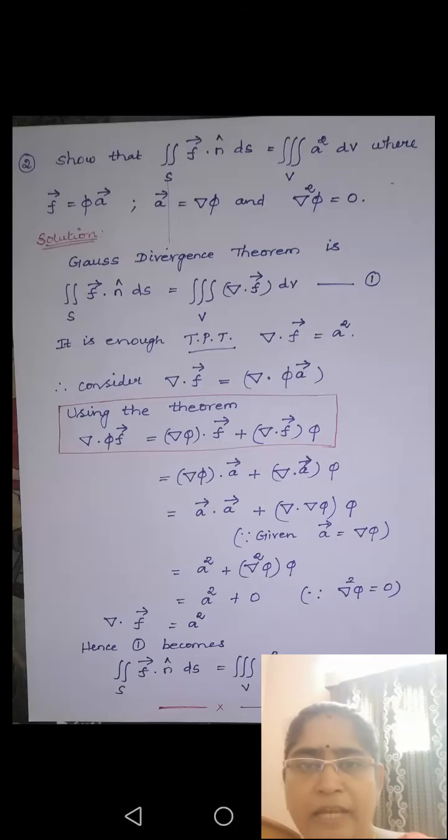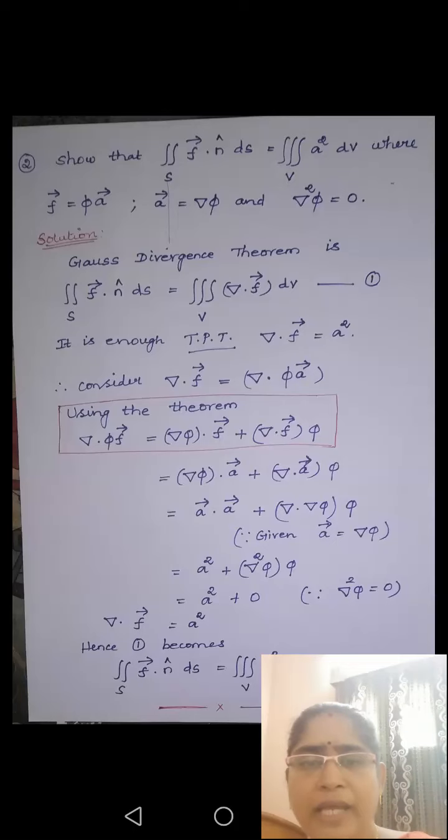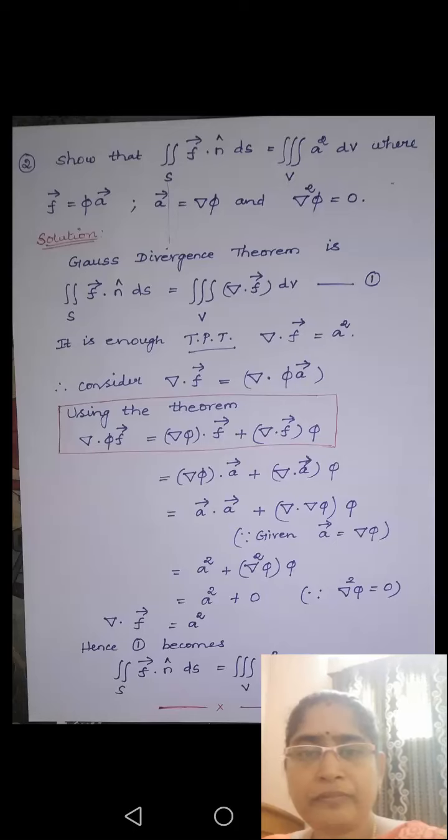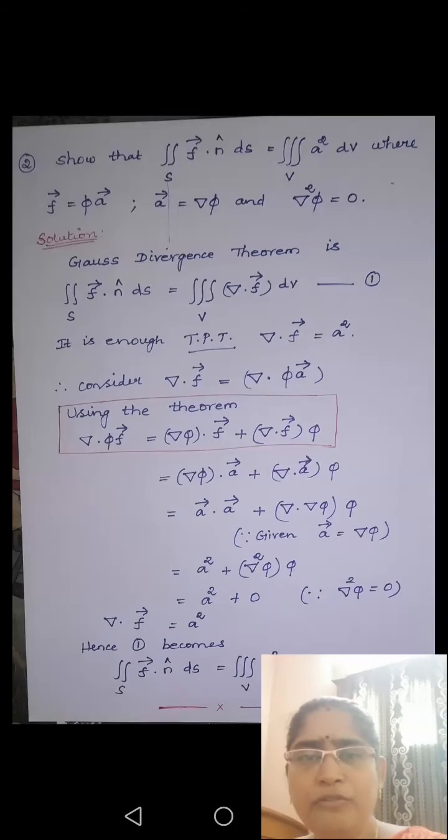Therefore, del dot phi into a vector can be written as del phi dot a vector plus del dot a vector into phi. In the problem, it is given a vector is equal to del phi. Therefore, substitute a vector instead of del phi and del phi instead of a vector. Therefore, we will be getting a vector dot a vector plus del dot del phi into phi.